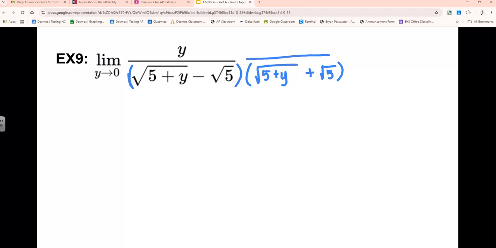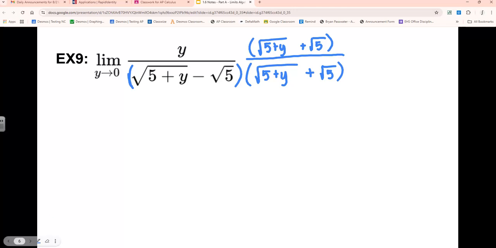And whatever we multiply by in the denominator, we have to multiply by that same thing in the numerator. So we're also multiplying by square root of 5 plus y plus the square root of 5 in the numerator. Everybody good here?